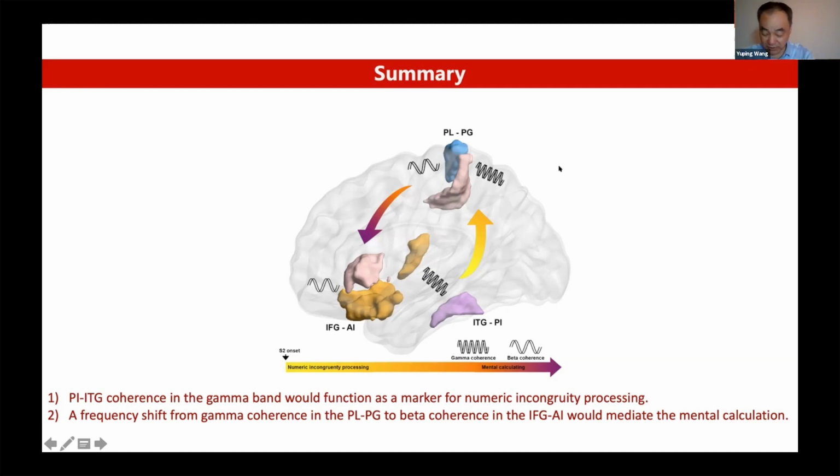The professor mentioned the gamma activity, posterior gamma activity, and the frontal beta activity. So, do you think Dr. Pan's work, the gamma-beta shift from the posterior insula to the anterior insula, is related to what you found in your attention task?